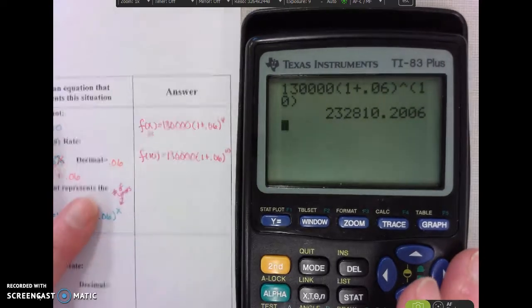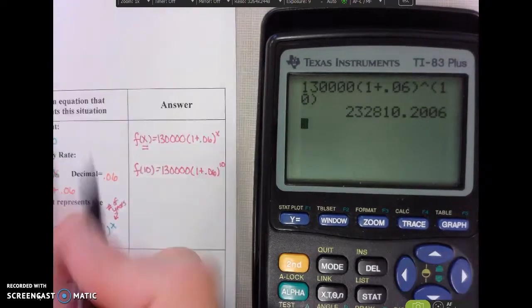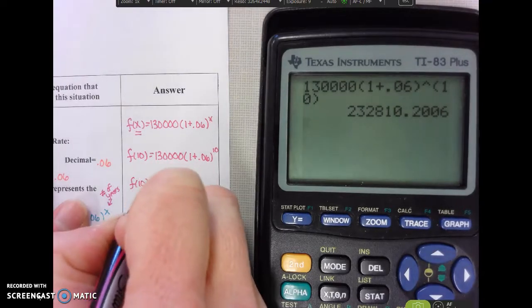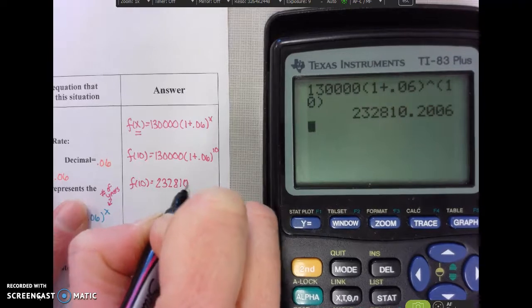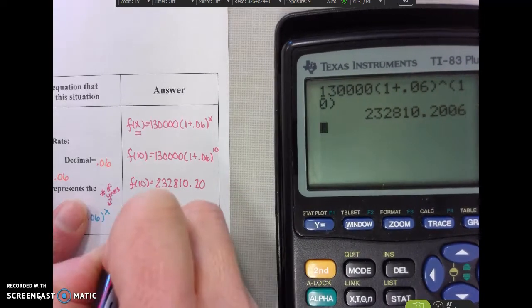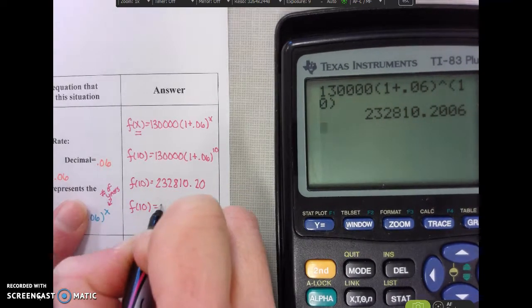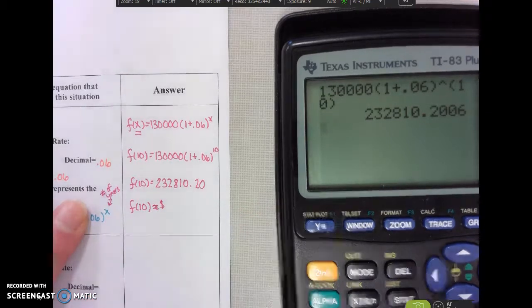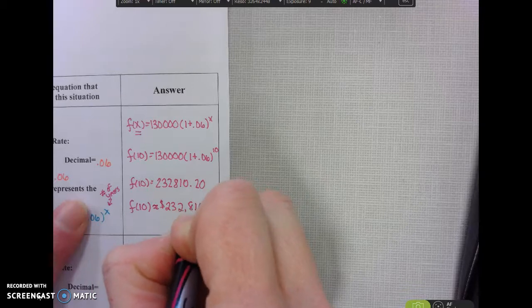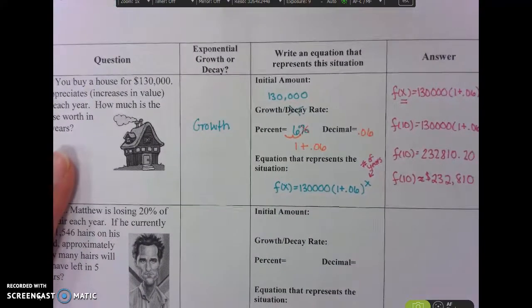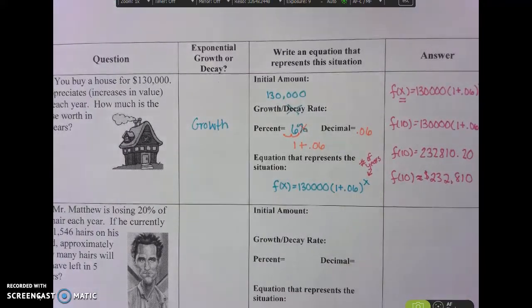I did not tell you what to round to, so we'll round to the nearest whole number value in this case. 232,810. So we'd say after 10 years, the house was worth approximately $232,810. And when you buy a house, you definitely hope that it appreciates in value versus goes down in value.